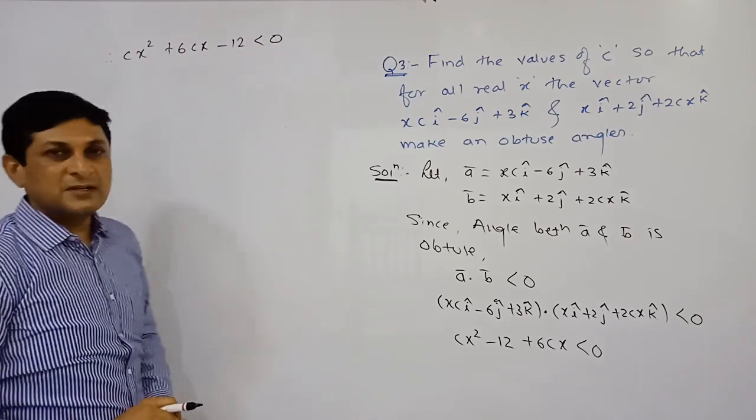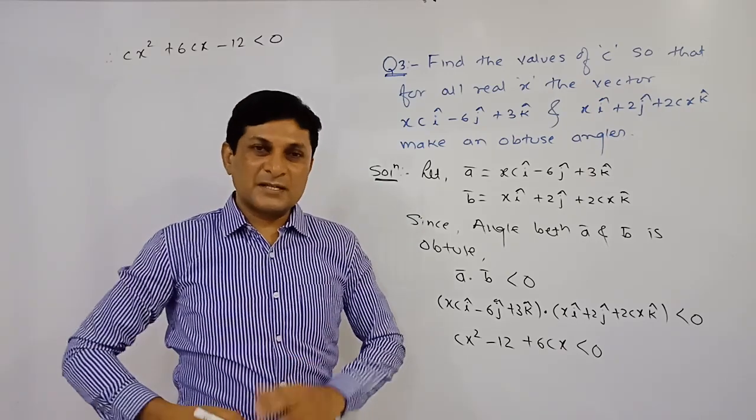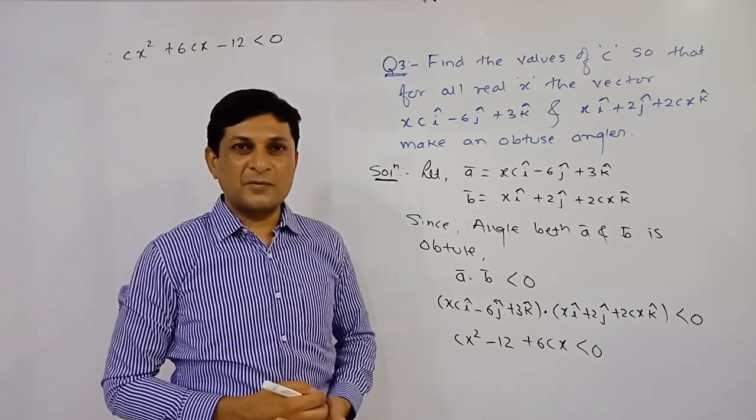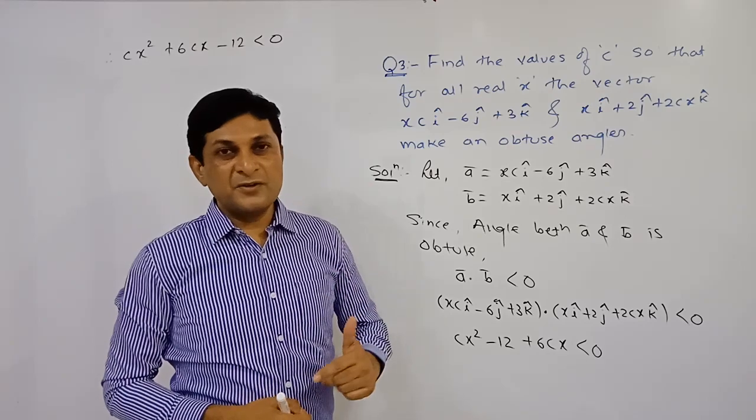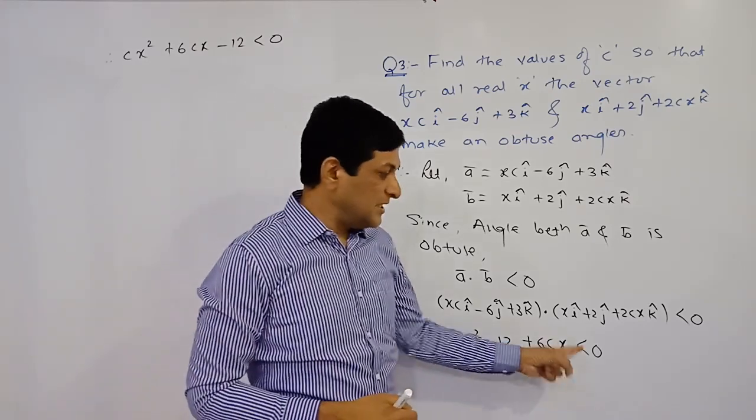So already you have studied quadratic equations in your earlier classes. In 10th standard you studied quadratic equations, but in 11th standard you studied quadratic inequalities. Here less than means an inequality is there.